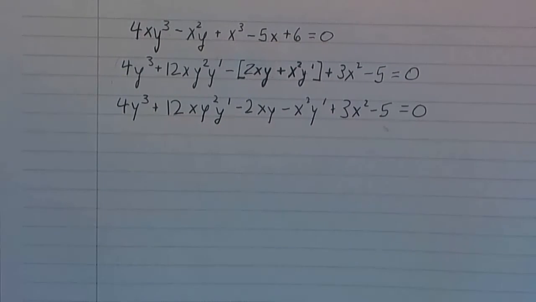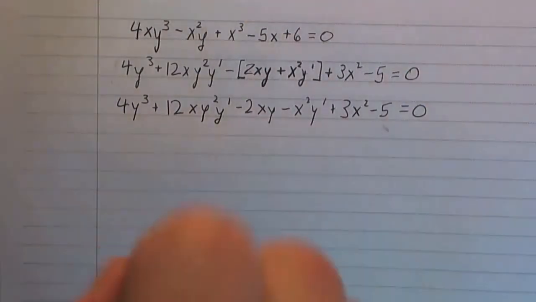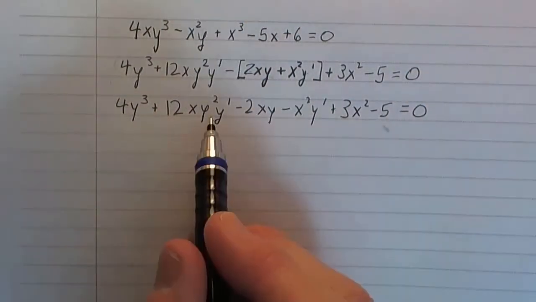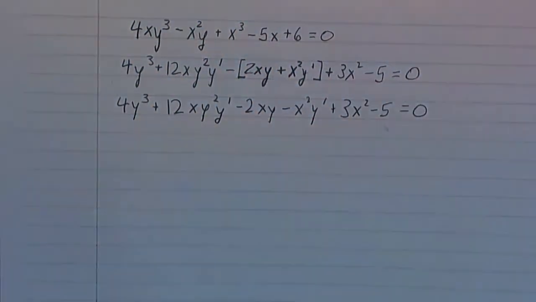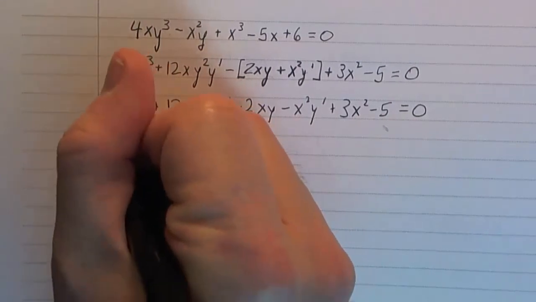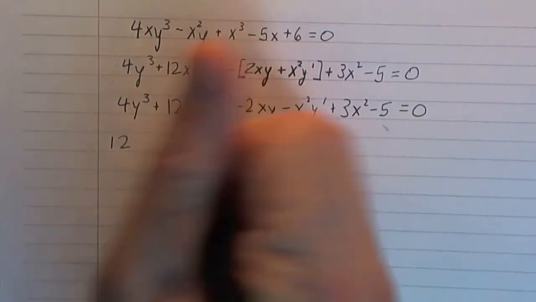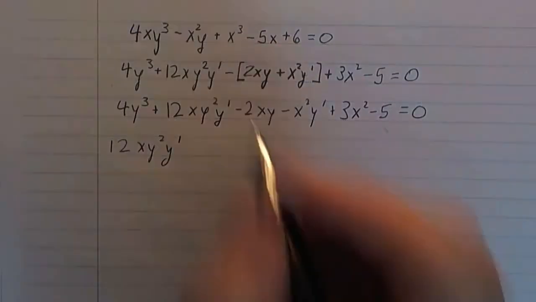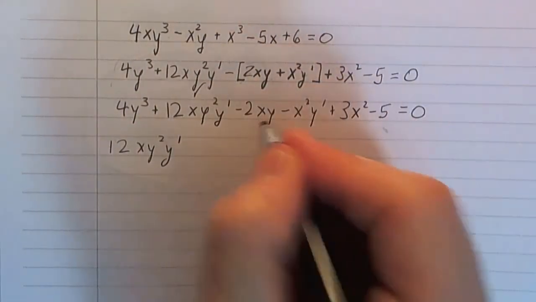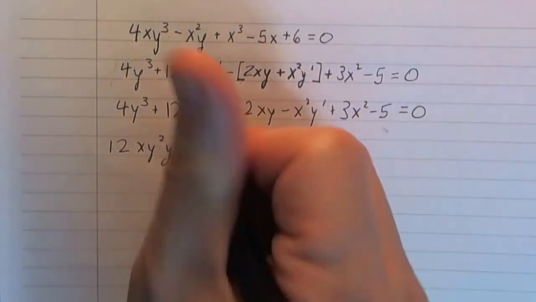Now I'm going to start separating things out. If it's not got a y prime, it's going to go to the other side. So let's see what we have here. I'm keeping the y primes over here. So I've got 12xy squared y prime. There, got that one. That one's going to move. Here's minus x squared y prime.